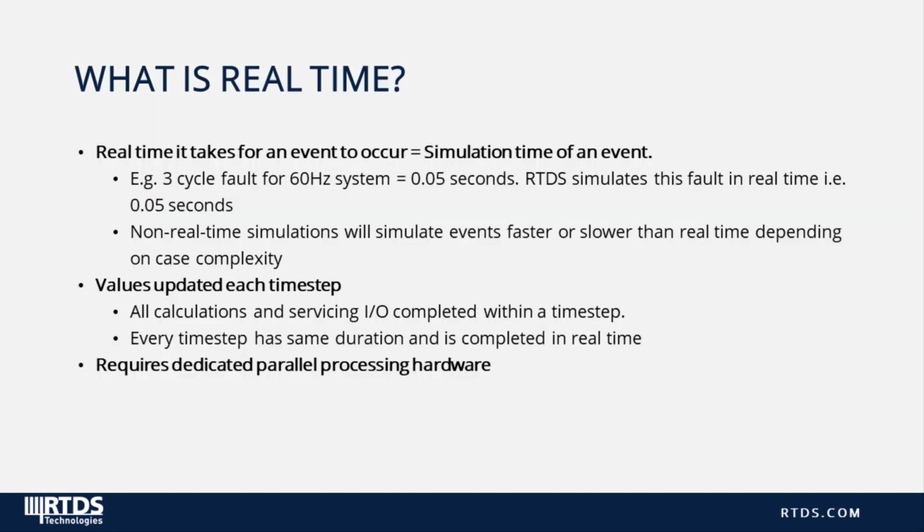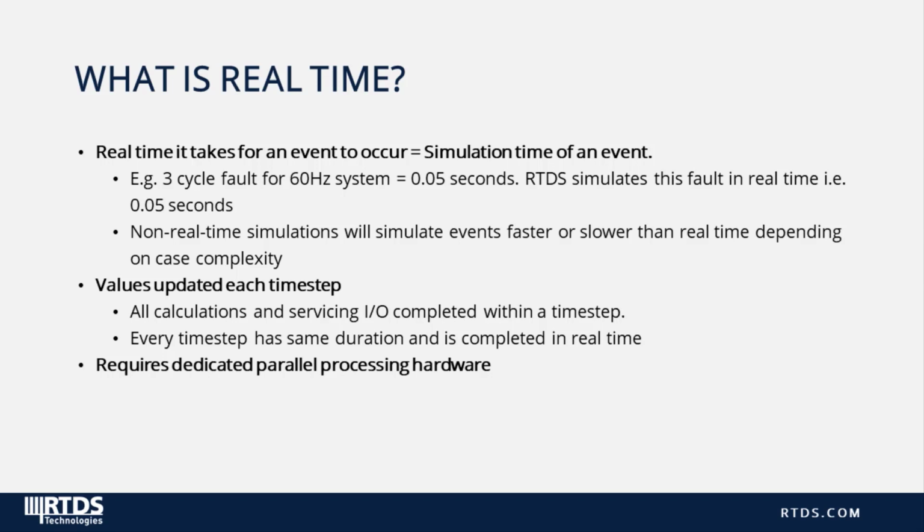When we say the simulation takes place in real time, we mean the computer needs to solve all of the equations for the network in real-world time equal to or less than the simulation time step. And this means that the real time for a power system event to occur is equal to the simulated time. So that is really what differs from offline EMT simulation programs, which run on standard PCs.